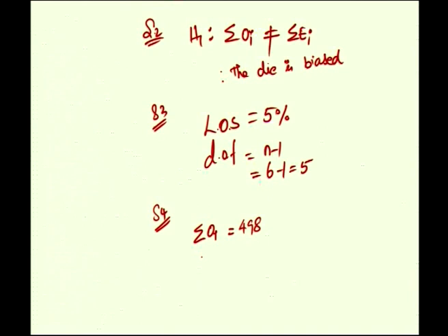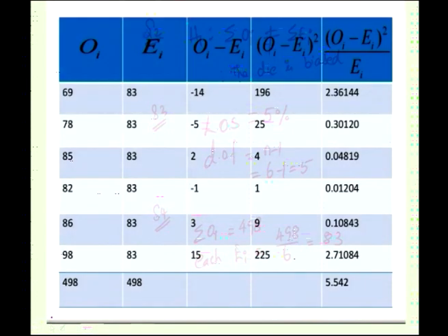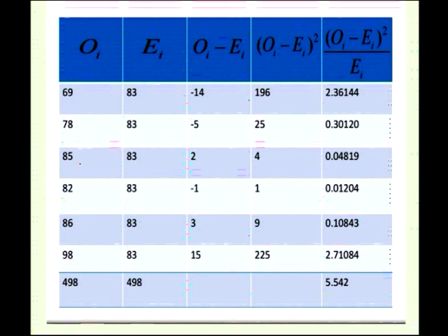So, summation OI is 498. Therefore, when it is distributed for 6 categories, then each EI will be equal to 498 divided by 6, which is equal to 83. So, this 83 is distributed equally for the 6 categories 1, 2, 3, 4, 5 and 6. So, OI given is 69, 78, 85, 82, 86, 98.